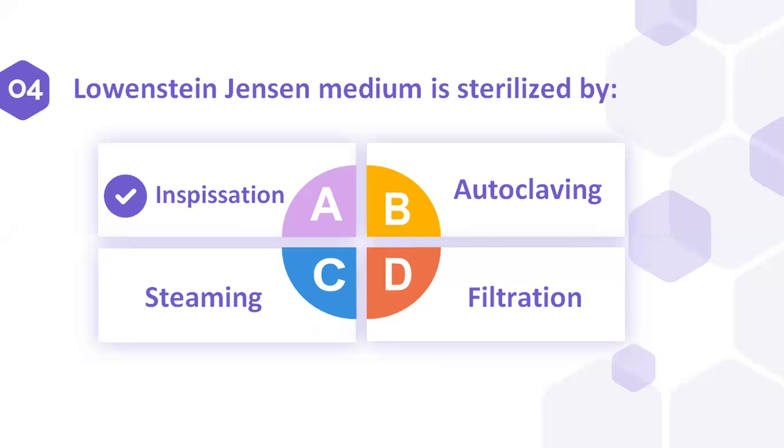On day 1, we heat the culture media at 80 to 85 degrees centigrade for 30 minutes and keep it aside. On the second day also, we heat it at 80 to 85 degrees centigrade for 30 minutes. And on day 3 also, we heat them at 80 to 85 degrees centigrade for 30 minutes. By this, we can kill all the vegetative bacteria as well as the spores.